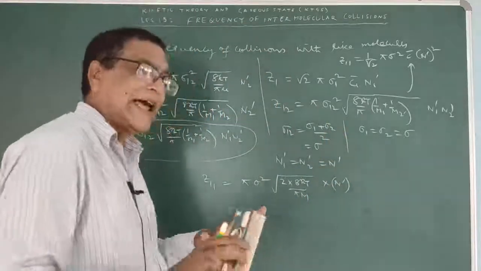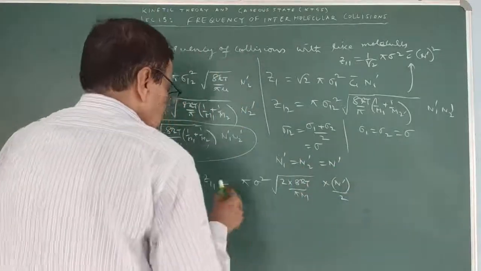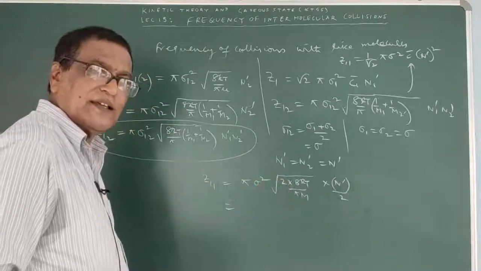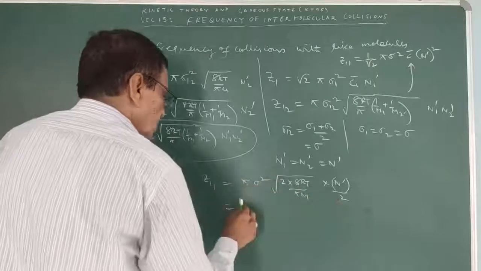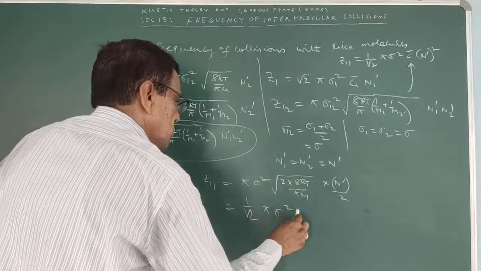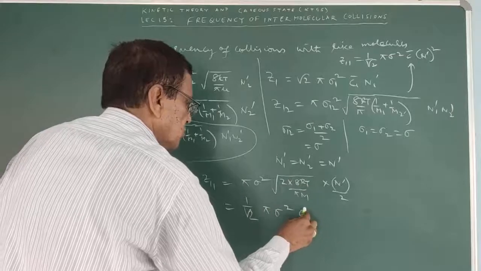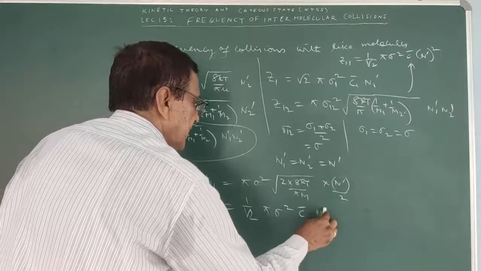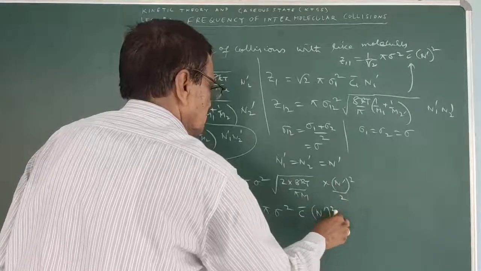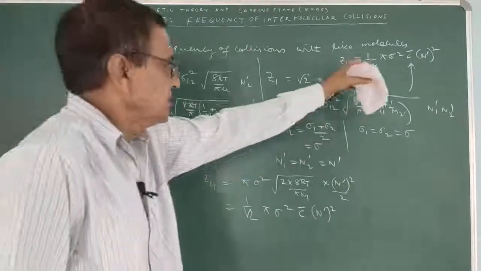Whenever we consider like molecules, it is to be divided by 2. So taking 2 out from the root, we get root 2, and together with the division by 2 it will be root 2 pi sigma square times root over 8RT by pi m, which equals C bar, times n dash square. So this formula is coming here.